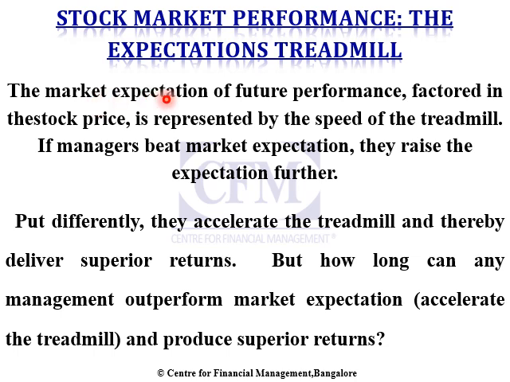The market expectation of future performance factored in the stock price is represented by the speed of the treadmill. If managers beat market expectation, they raise the expectation further. Put differently, they accelerate the treadmill and thereby deliver superior returns. But how long can any management outperform market expectation or accelerate the treadmill and produce superior returns?